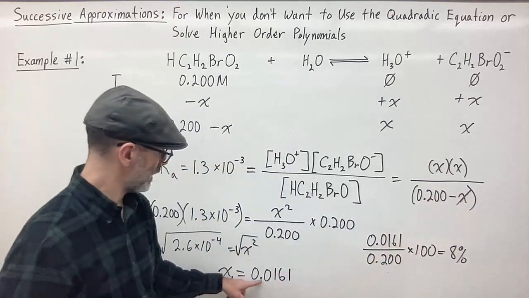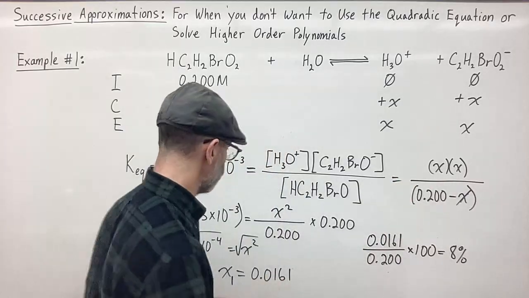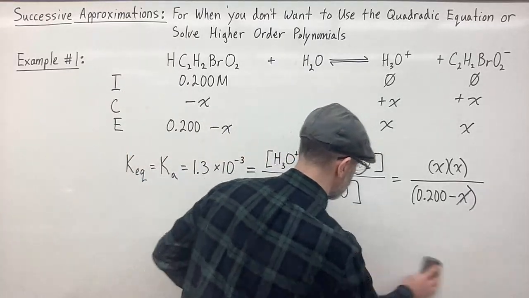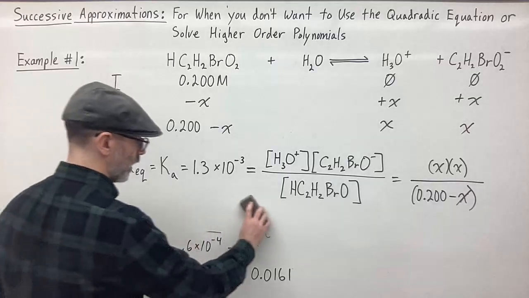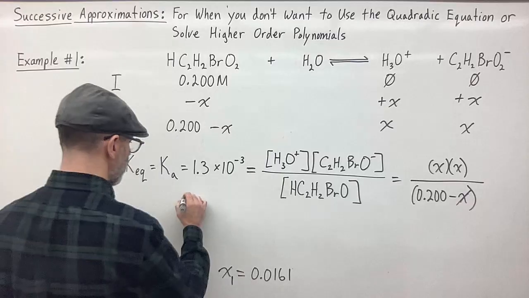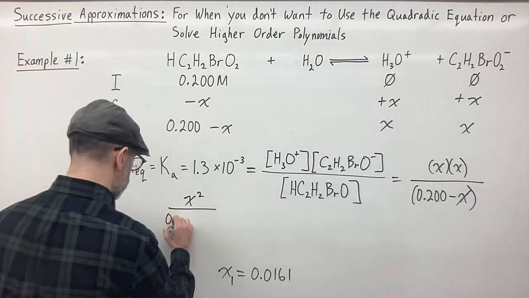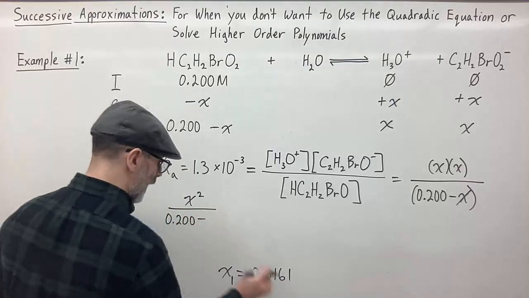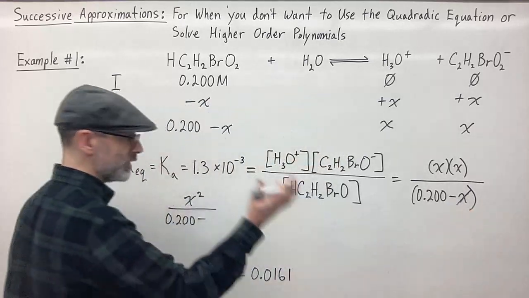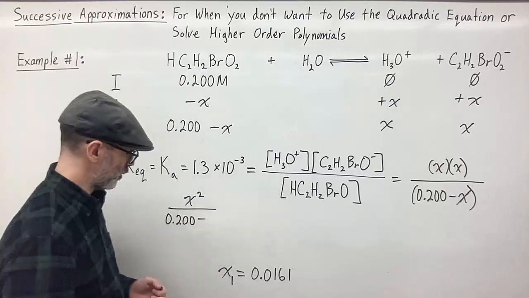Well, now I can take this and put it in there and solve again, right? So then I'll erase this here. Let me get rid of this, okay? So now I have X squared over 0.200 minus this. I'm just going to plug this into X, and so I'm going to solve for X again. This is for my second value of X.